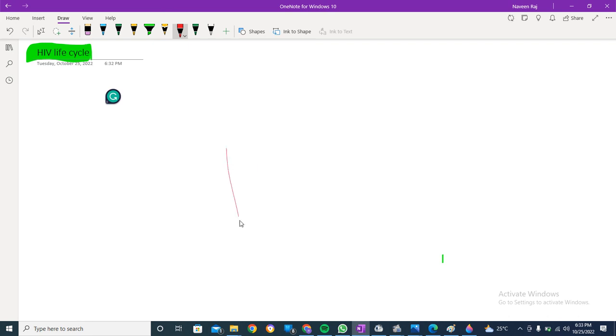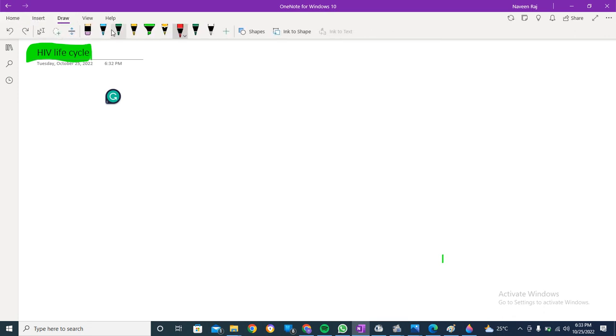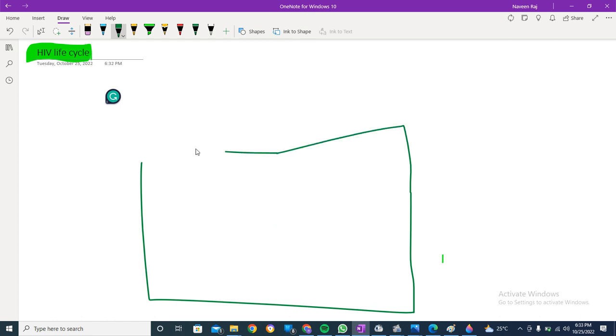This is the host cell, which is mostly the T helper cell or the lymphocyte. Now what will happen is that we have got glycoproteins over here.